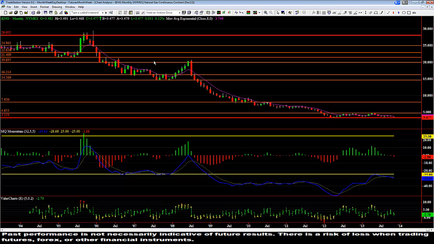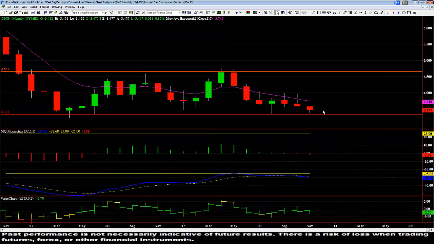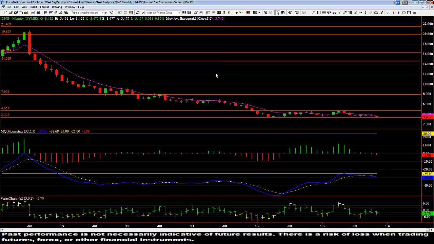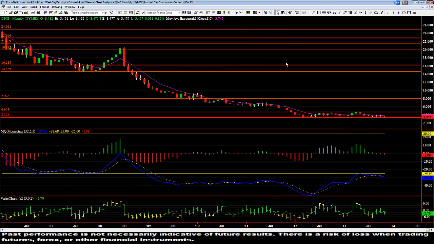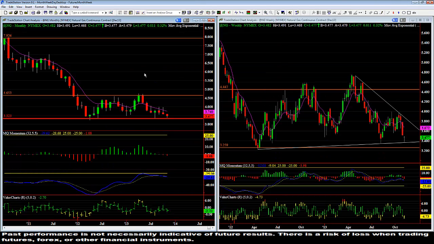Up on top, monthly chart for nat gas. We're in a range. This red support level is the absolute lows for nat gas, and we've been down here for a little bit, so I'm expecting it to bounce back up because we're in a tight range. So I'm neutral for it. There's no real decision on which way it's going to go. Longer term, I can trade both sides, up or down, really.